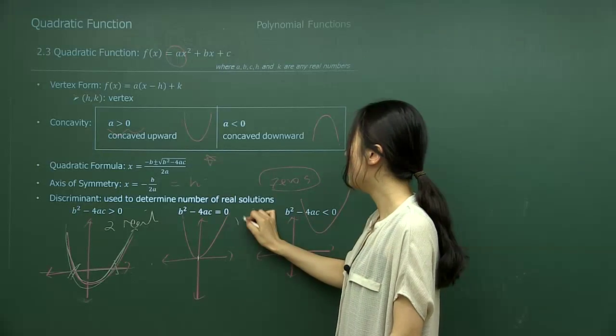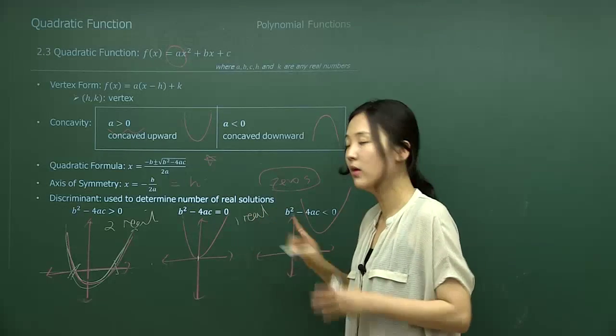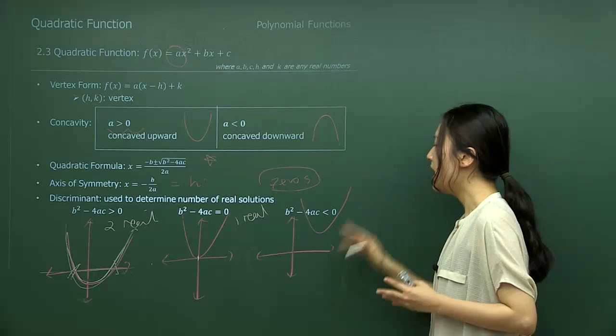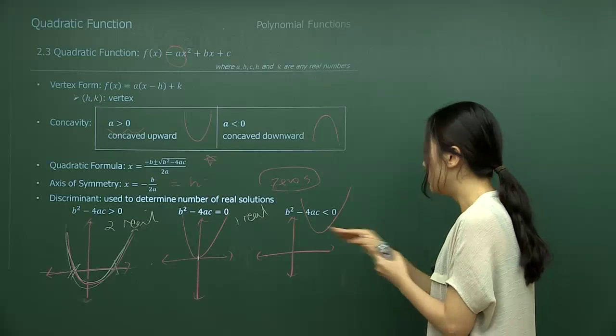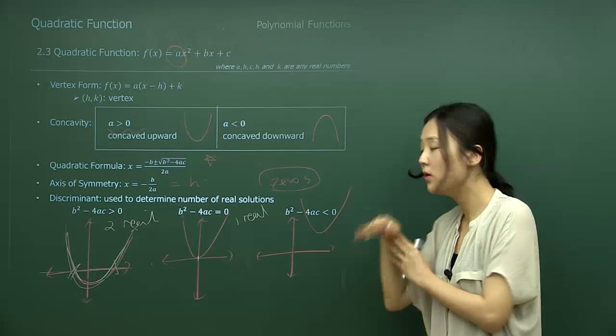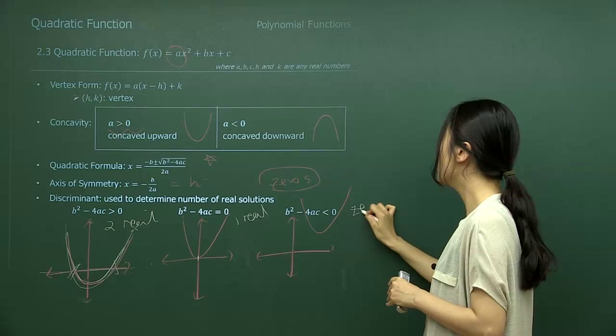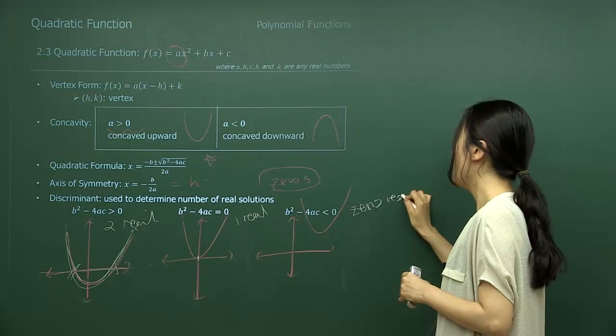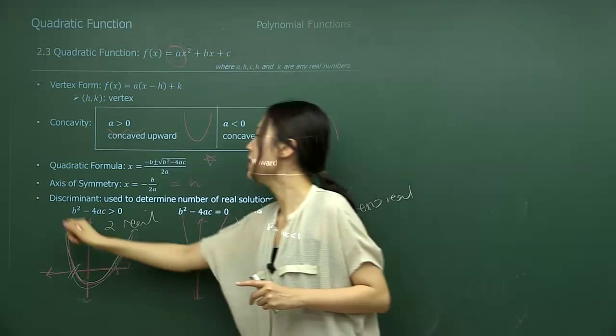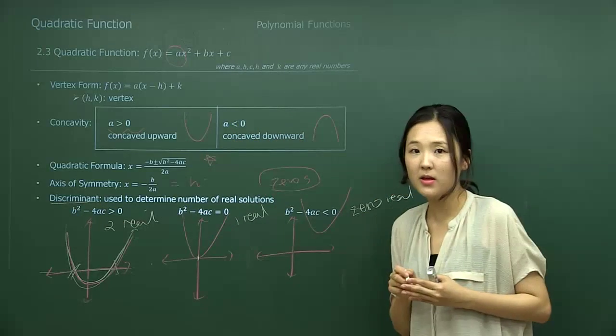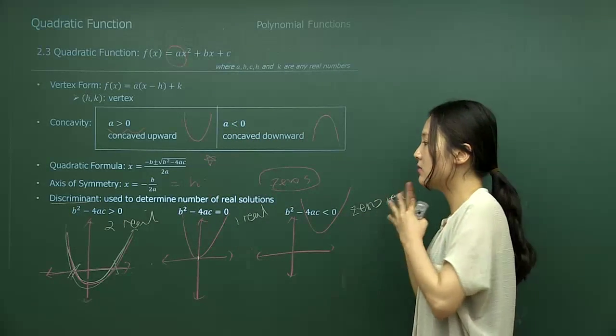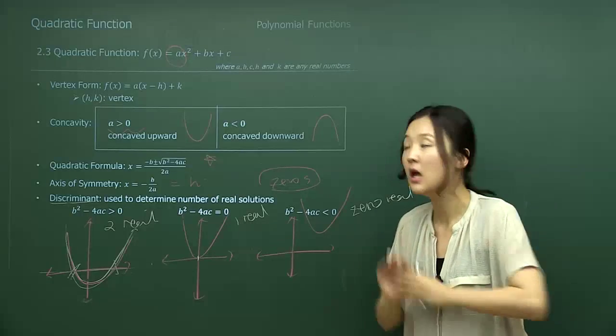Hence, you only see one distinct real zero. And if the graph does not touch the x-axis at all, then you will have no real zero. And the discriminant can tell you how many zeros there are without having to graph it first.